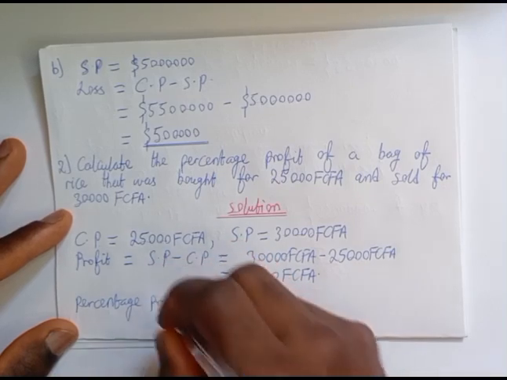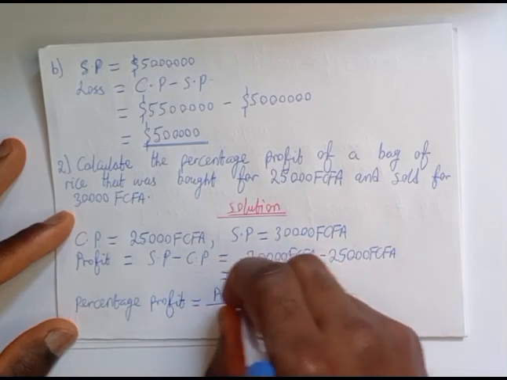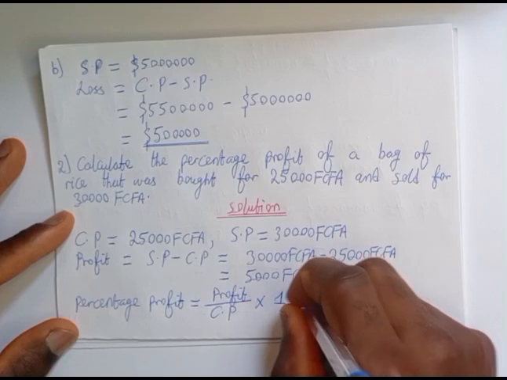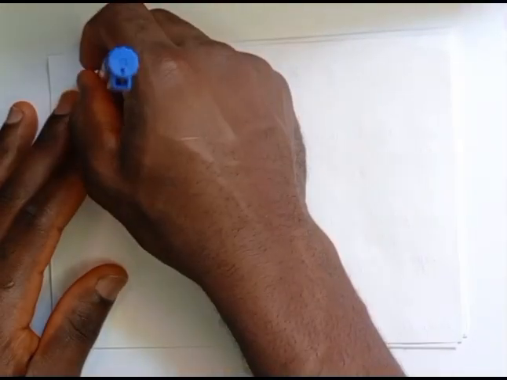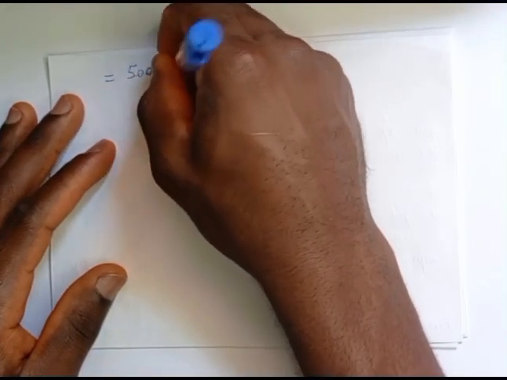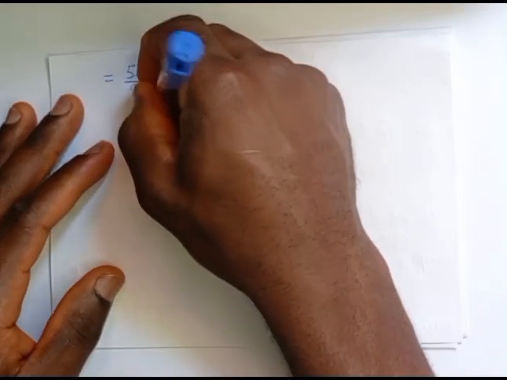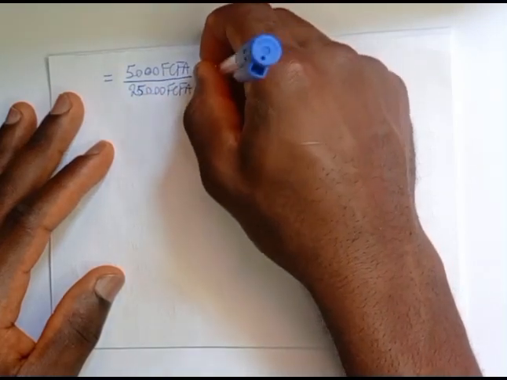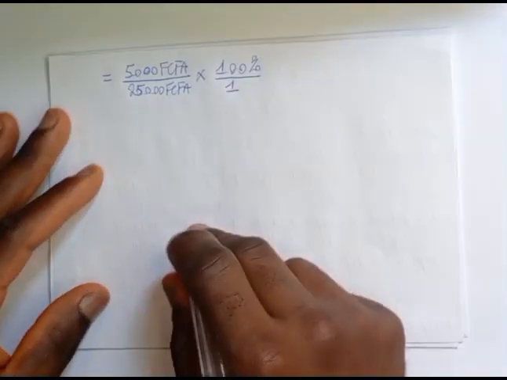The percentage profit is simply equal to the profit all over the cost price times 100% over 1. This will simply be equal to 5,000 francs CFA all over 25,000 francs CFA times 100% over 1.